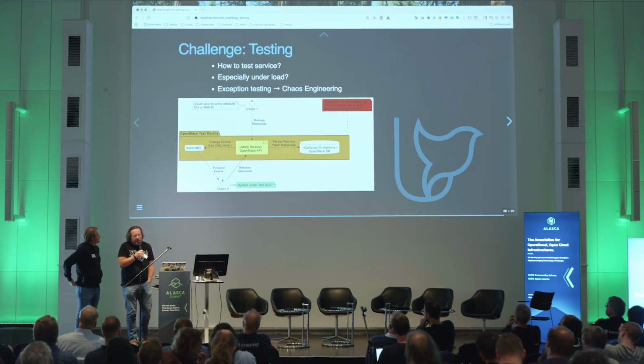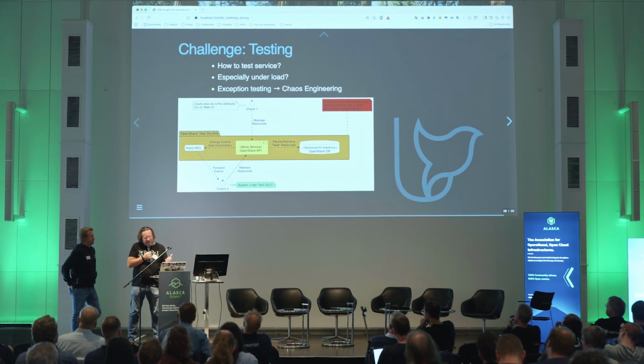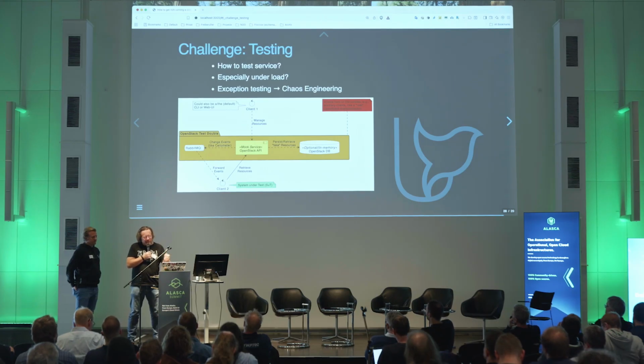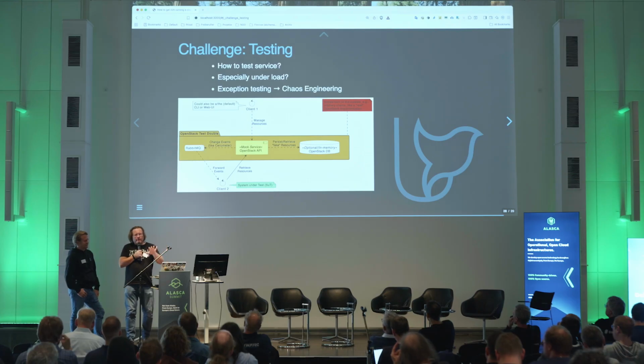But it's a mock, so it doesn't do anything real, which is positive for us because we can use it in development. So we do not need to wait for some real resources to be provisioned. We can just put it in and it's immediately there. We immediately have a virtual machine or network or storage or whatever we need. And we can test against it, and in particular do some load testing and exception testing.